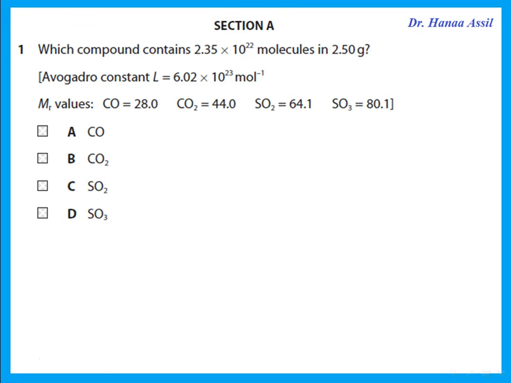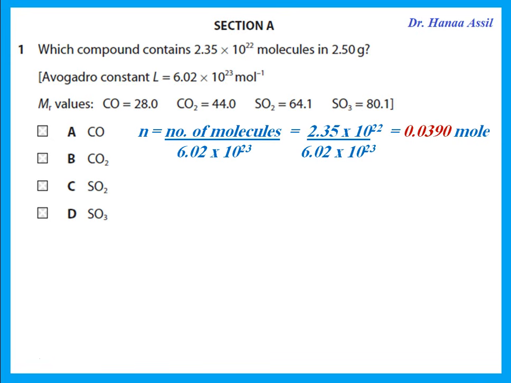So, the first question says, which compound contains this number of molecules in 2.5 grams? You should know that number of molecules has to do with the number of moles. So if he gives me a certain number of molecules, I can get the number of moles.